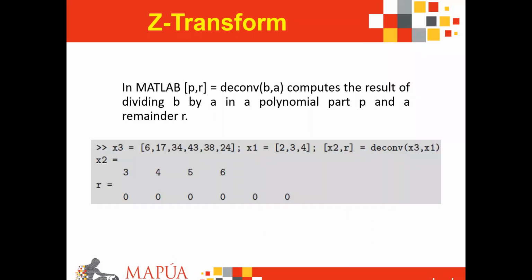So if we apply deconvolution there: x3 is declared, x1 is declared, then x2, comma, remainder, is equal to the deconvolution of x3. It shows you the value with your remainders. That's how it will appear on your MATLAB.